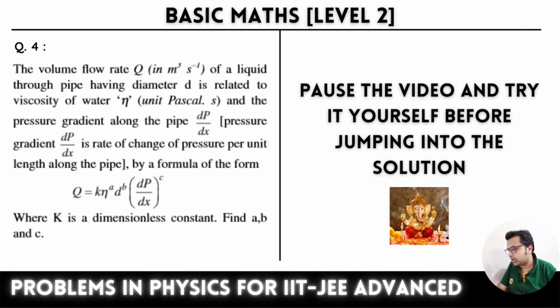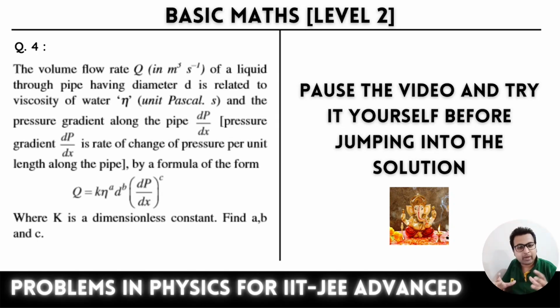And one more very interesting thing, the pressure gradient. What is pressure gradient? Pressure gradient is the change of pressure with respect to length, the rate of change of pressure per unit length along the pipe.